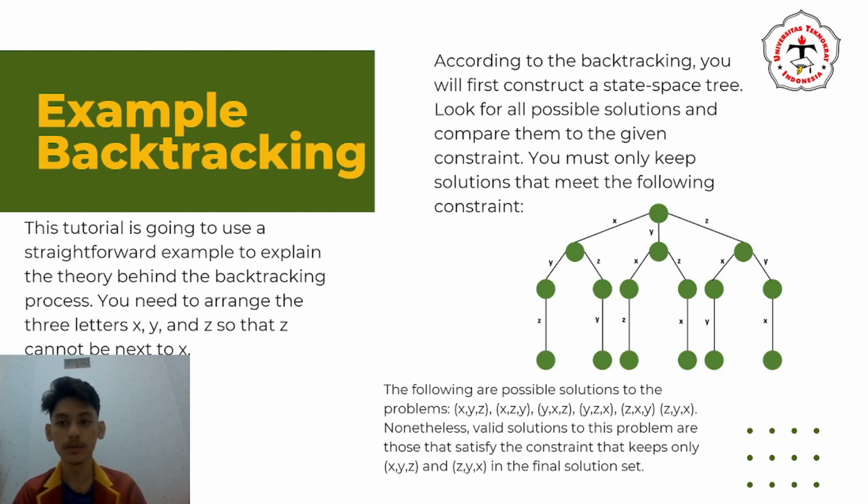According to backtracking, you will first construct a state space tree, look for all possible solutions, and compare them to the given constraint.